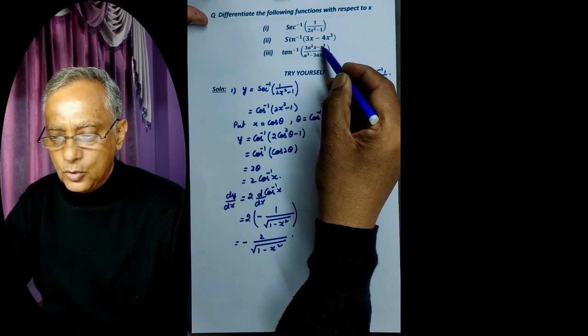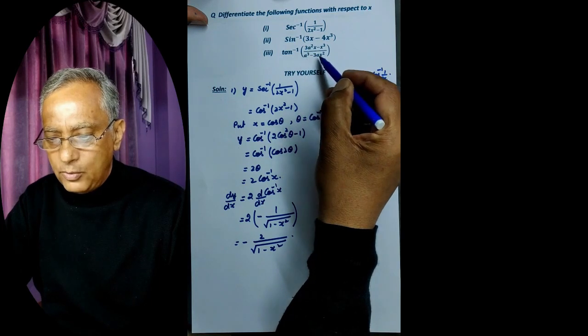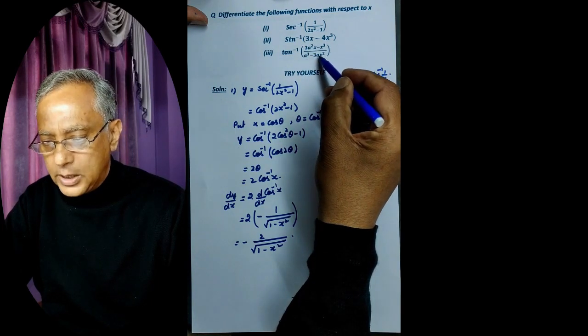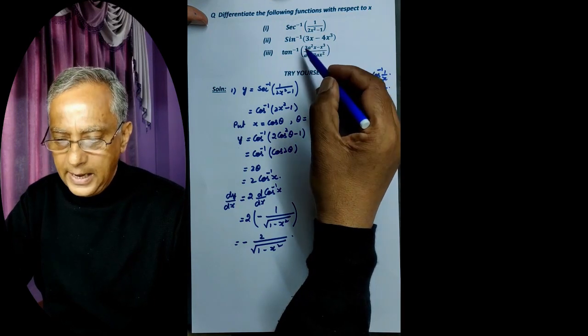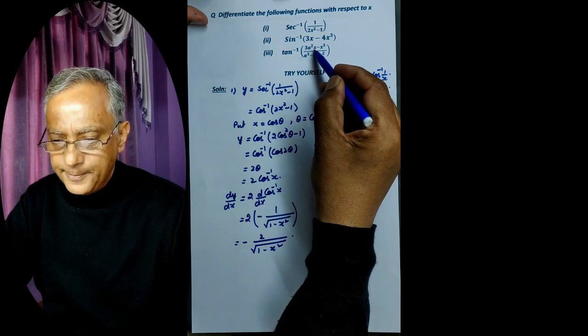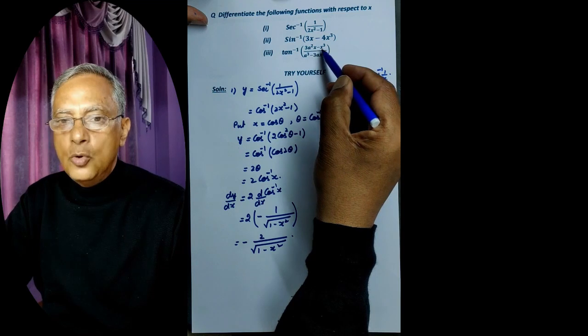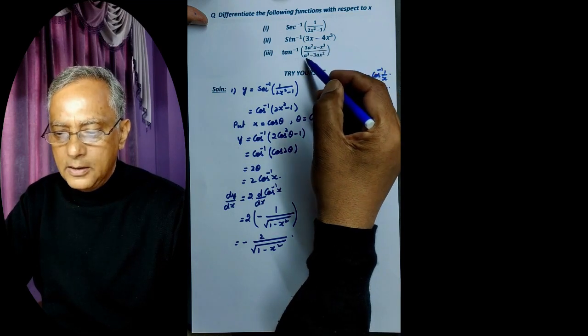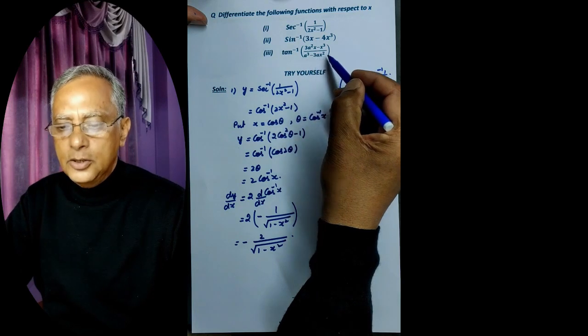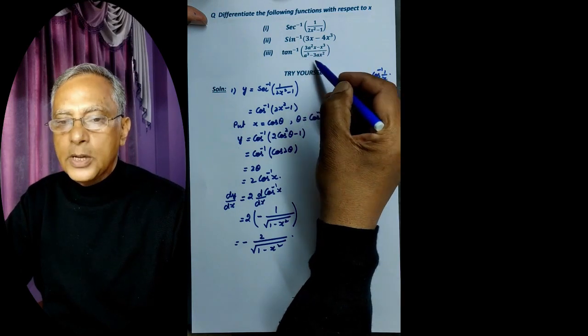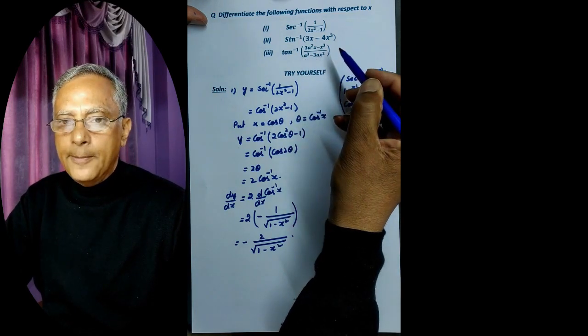So a cube will cancel out. Here we will have a square tangent square theta. So this a will cancel, and we will get 3 tangent theta minus tangent cube theta over, because a cube has cancelled, we will have 1 minus 3 tangent square theta, and this is equal to tangent of 3 theta.